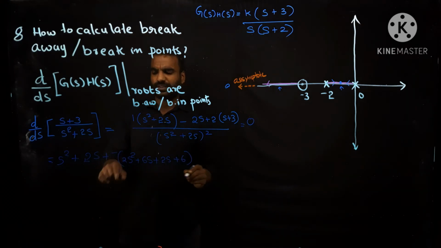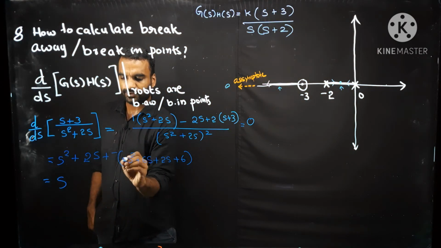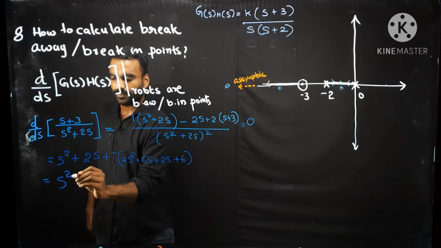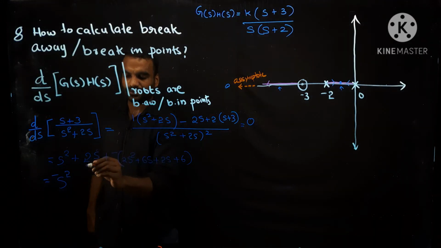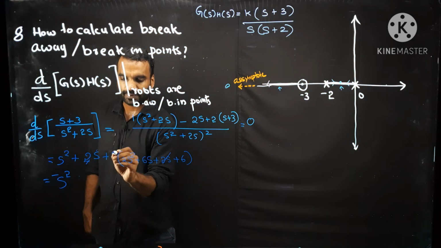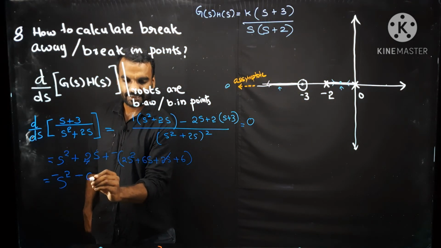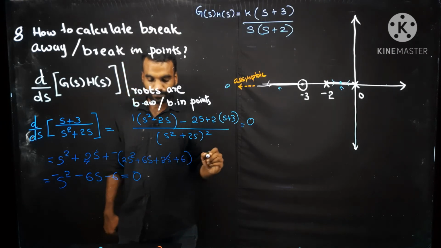Negative is there outside. So s square minus 2s square will give minus s square, plus 2s minus 2s will get canceled, minus 6s minus 6 is equal to 0.